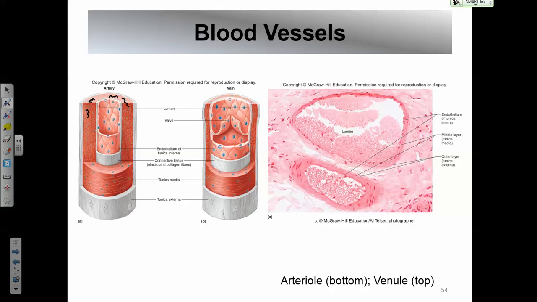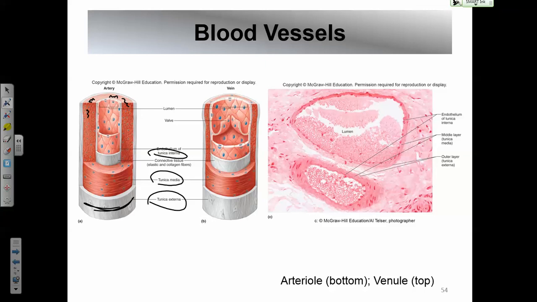Okay. The layers in the walls of the blood vessels, your book talks about them. The internal layer you can call the endothelium or the tunica interna. I won't use those terms. And then the tunica media is the muscle and elastic layer, and tunica externa is just the fibrous layer on the outside.